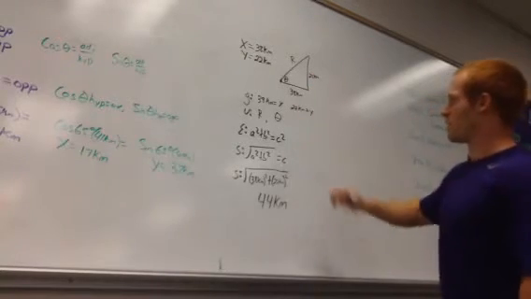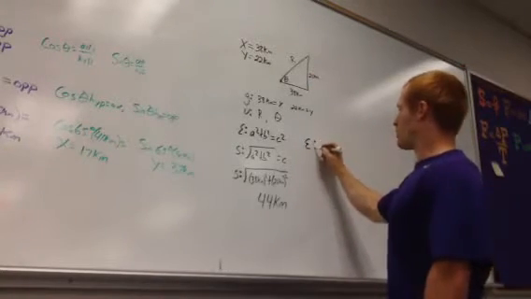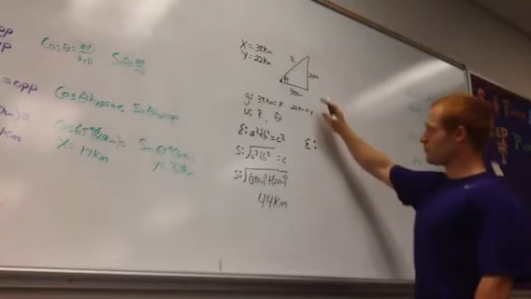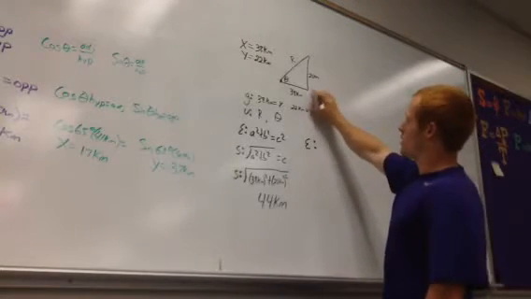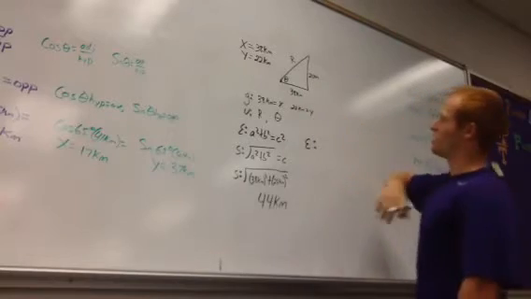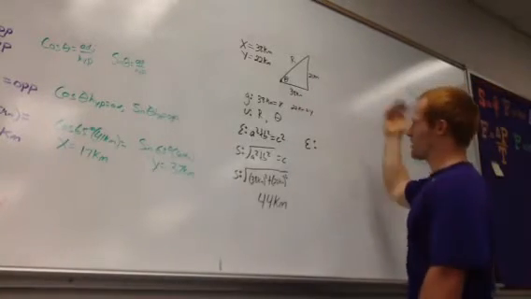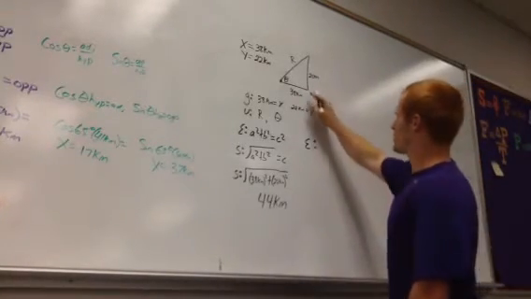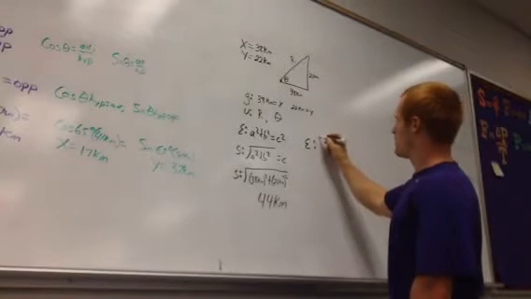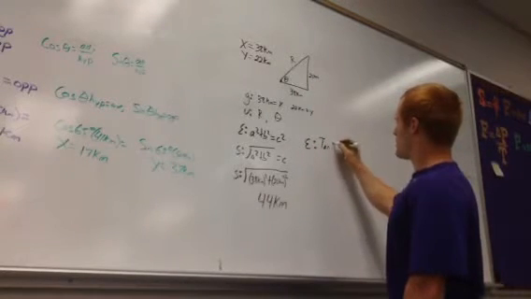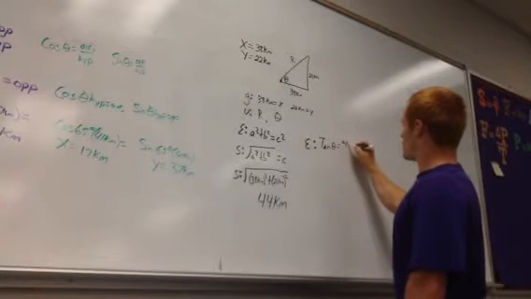Now we're going to find theta. So over here, I'm going to do a second equation for theta. I'm just going to use tangent, because for opposite and adjacent, I like to use tangent because I already know those values. Tangent theta is opposite over adjacent.